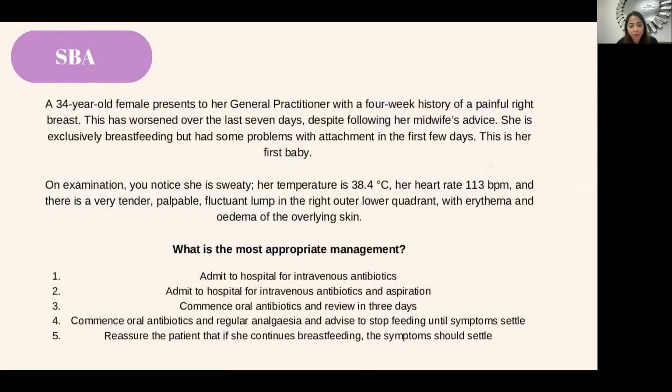Moving on. So we've gone through some of the more common inflammatory conditions in terms of breast presentations.